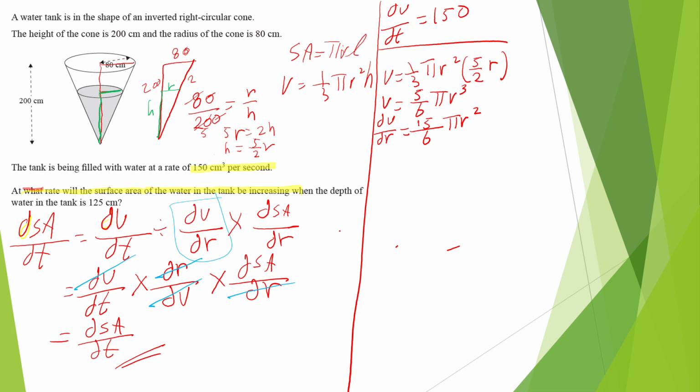Remember this equation. So R is equal to H over 5, so R is equal to 125 over 5 times 2, and that gives me 50. All good. So R is 50.